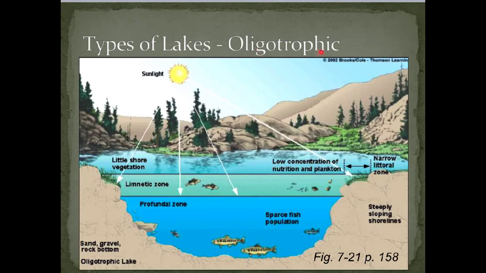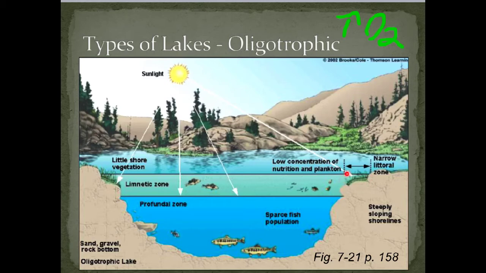You have different types of lakes, like oligotrophic, which some of you saw this word on the practice exam, which is the opposite of eutrophic. And these areas tend to have increased oxygen concentration. The reason is you tend not to have as much nutrients and plankton.